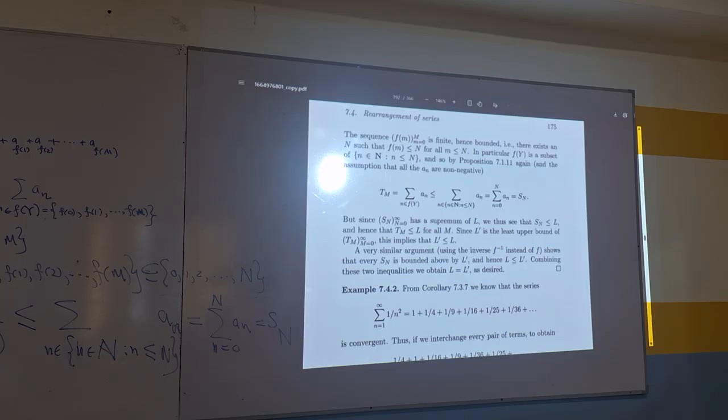Now we have seen 1 over 1 minus 1 over 2 plus 1 over 3 minus 1 over 4. When I gave you one rearrangement, according to that rearrangement, the rearranged sum is 1/2 of the non-rearranged sum. Here we don't know, I mean, for this series we haven't proved anything so far. However, from here, this implies that L dash less than or equal to L. L is a real number. So L dash is a real number.